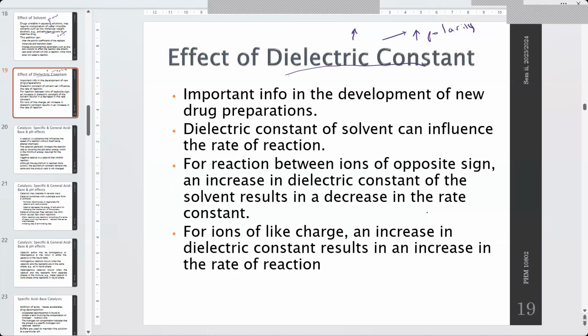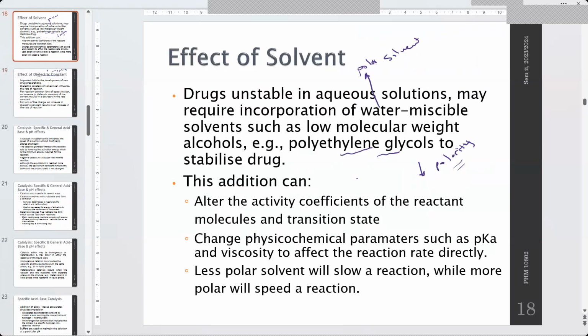So now we can mix different solvents to make a mixture with certain polarity. We can reduce the polarity or we can increase the polarity of the solvent mixture by adding more water or by adding more less polar solvents. Okay. It's not in all conditions that less polarity will slow the reaction.